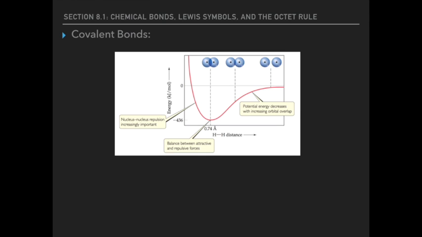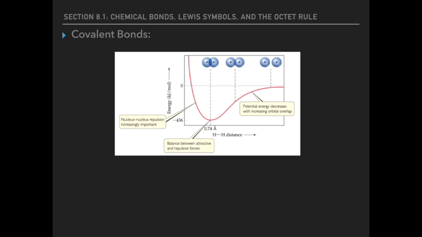Once you've passed that low point, the point at 0.74 angstroms, the potential energy starts to increase. And that means that the strength of the covalent bond between those two atoms gets weaker because as they get closer and closer, the nuclei of those atoms actually start to repel one another.